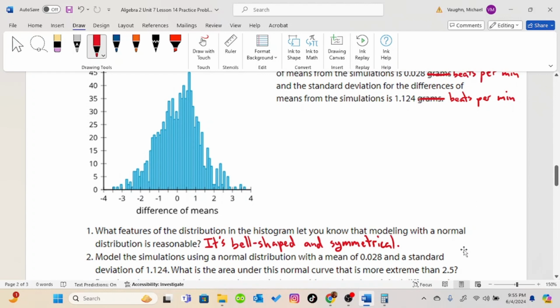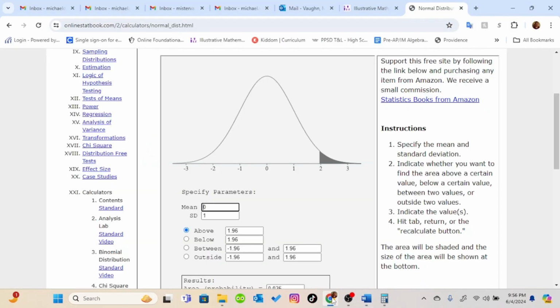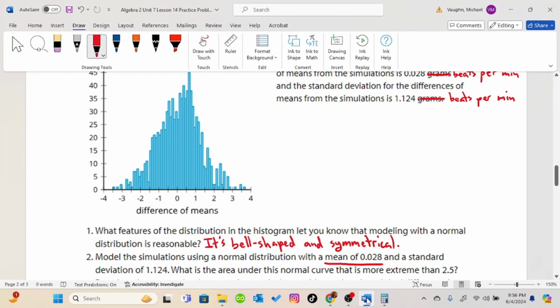So this is where we're going to use that calculator that I had you find online. The first thing it's going to ask for is the mean, and we're going to enter 0.028. The next thing it's going to ask for is the standard deviation, and we're going to input 1.124.